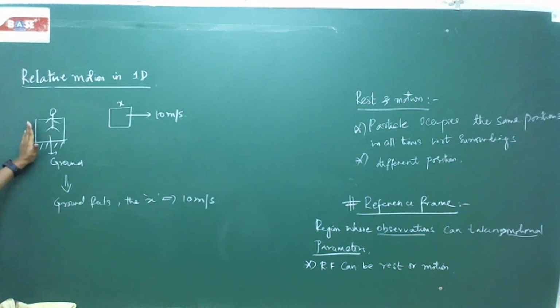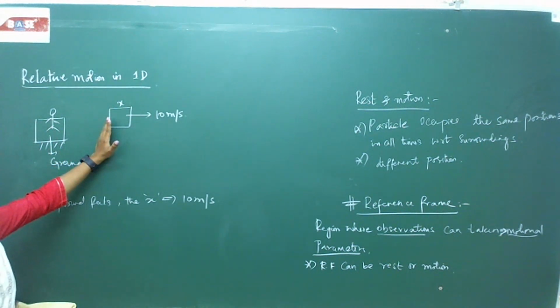Correct. So with respect to this person, the body is moving at 10 meter per second.